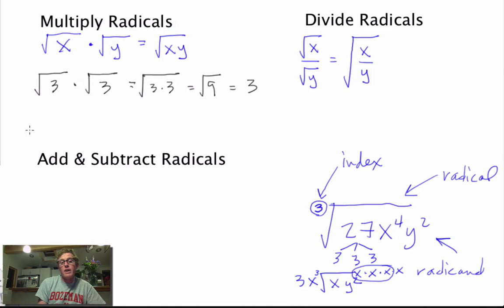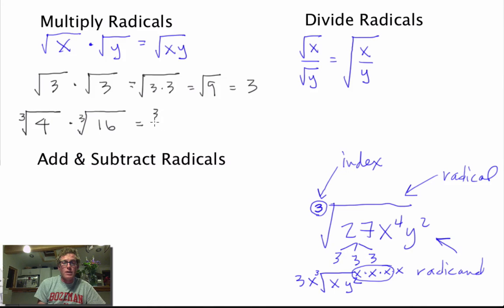Let's work one where we have a cubed root. So let's say we have a cubed root, so there's my little 3 there, cubed root of 4 times cubed root of 16. Well, 4 times 16 gives me 64.